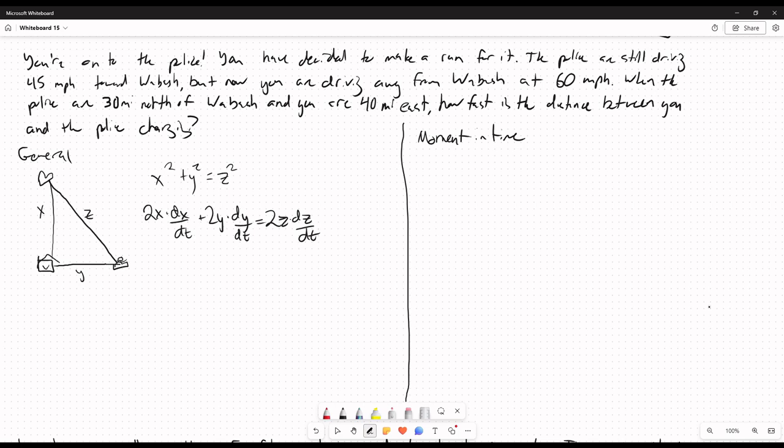I can divide both sides by 2, getting x times dx/dt plus y times dy/dt equals z times dz/dt. So I have my related rates equation.